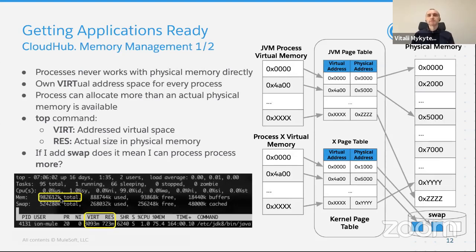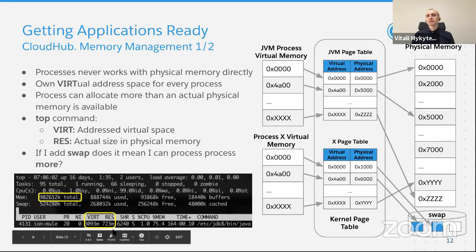The thing is that only specific system processes in modern operating systems actually use direct allocation from resident memory. The rest of the processes work in their own virtual address space, and you can allocate more memory than is available in a virtual address space.